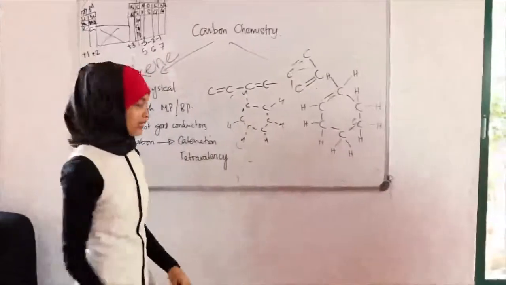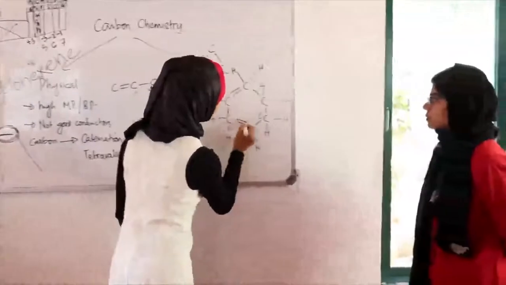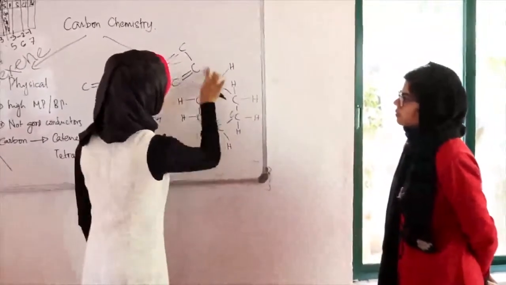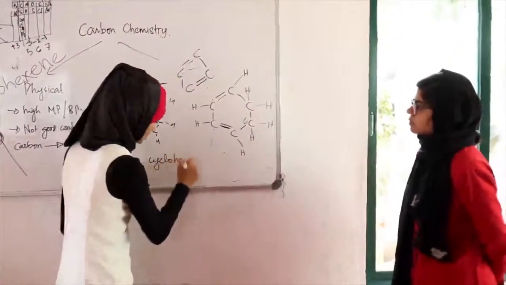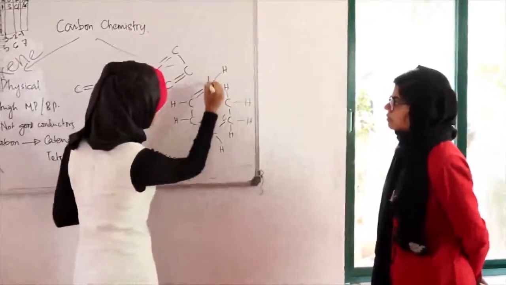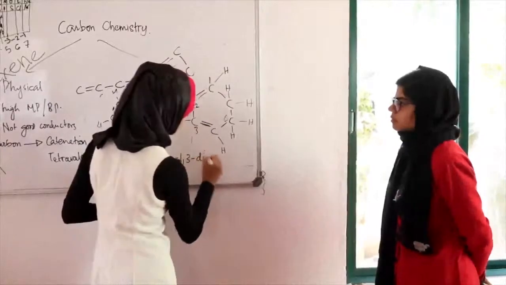Usually when you properly name it, they're supposed to tell you this is cyclohexene. But say if I have 2 double bonds, I'm supposed to say cyclohexa. So this will be carbon 1, 2, 3. It'll be 1,3-diene.